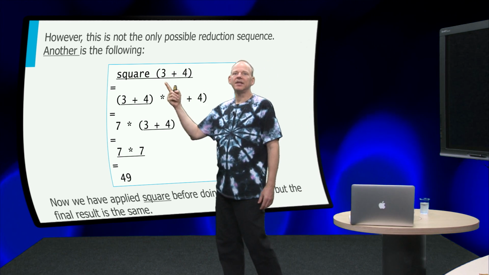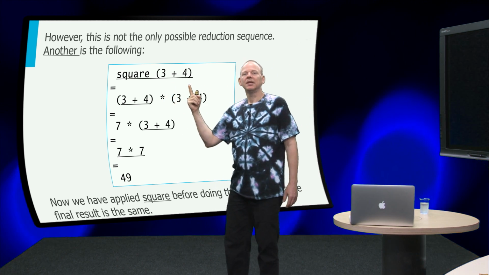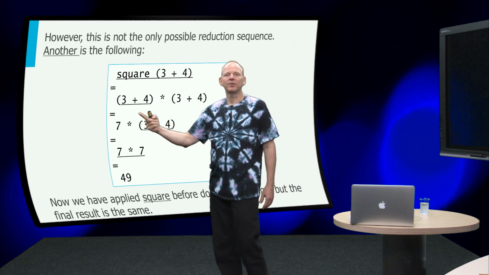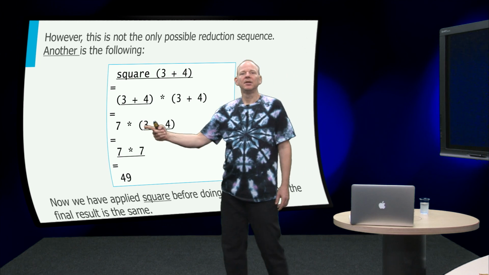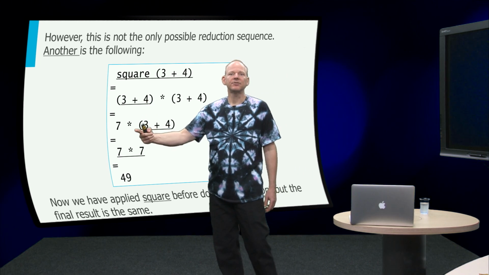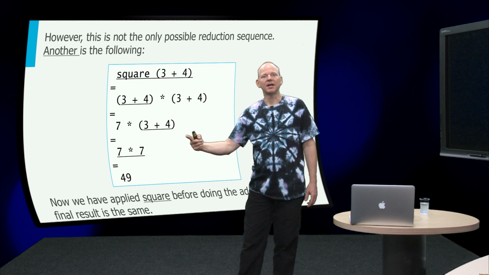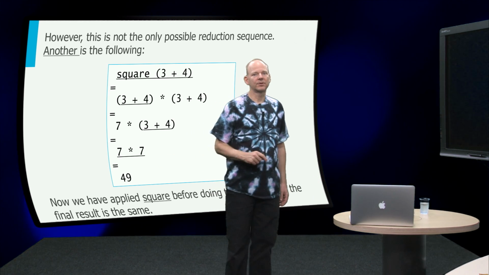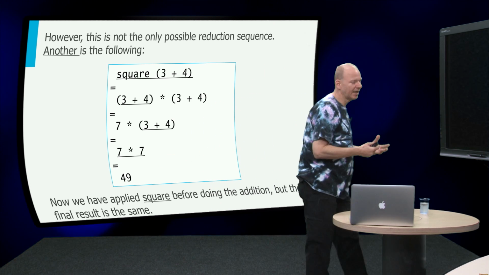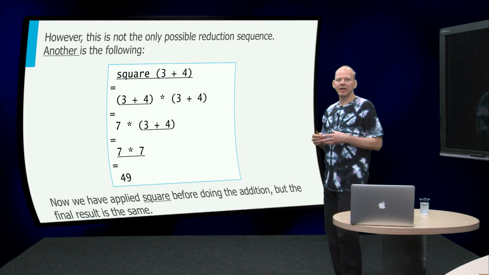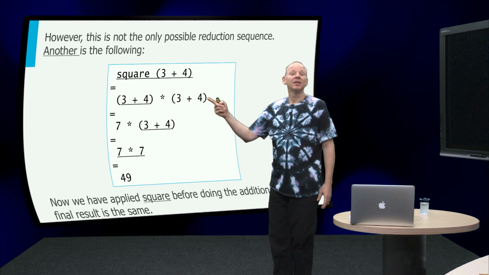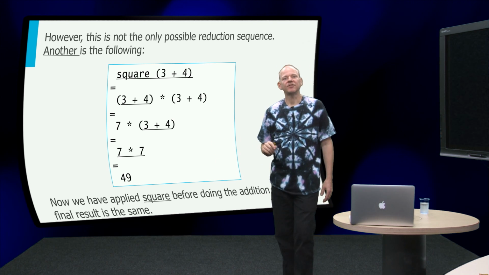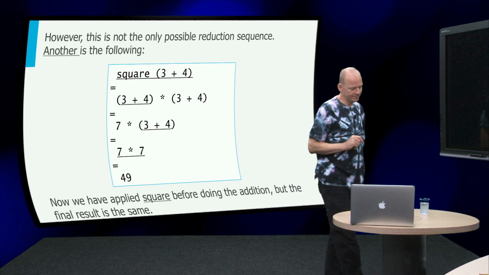We take this expression, we instantiate n with 3 plus 4, so we get (3 plus 4) times (3 plus 4). Now we evaluate this to 7, we evaluate that to 7, and we get 49. Okay? So in this case, we have first applied square before doing the addition. But the nice thing is that the final result is the same.